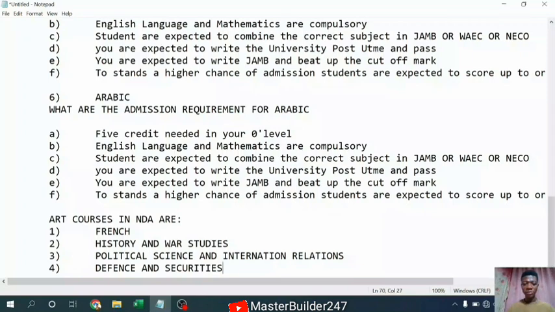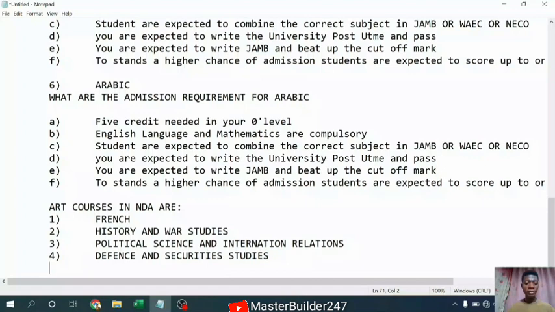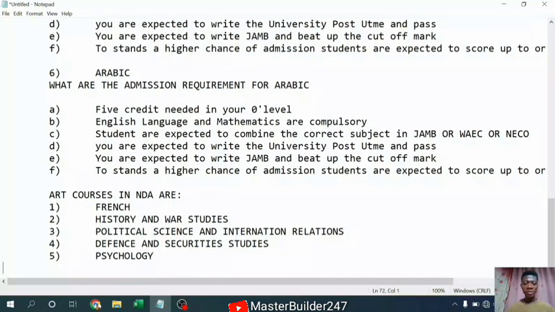Okay, defense and security studies. Then the fifth one we have psychology, and the sixth one, which is the last, we have Arabic. Okay, so these are the art courses in NDA.